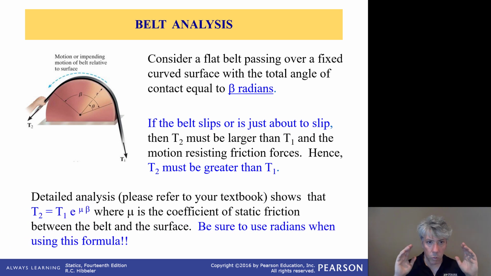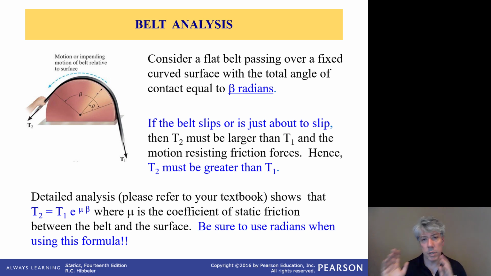Now, the way you come up with this equation, T2 equals T1 times e to the mu beta, is by taking a differential length of the belt around the wrap angle and integrating. I'm not going to show you that here because I really don't believe that derivation of an equation helps you a lot. I think seeing how to use that equation helps. And then what I've found is if I go back to the derivation afterwards, it actually makes more sense once I understand the result.